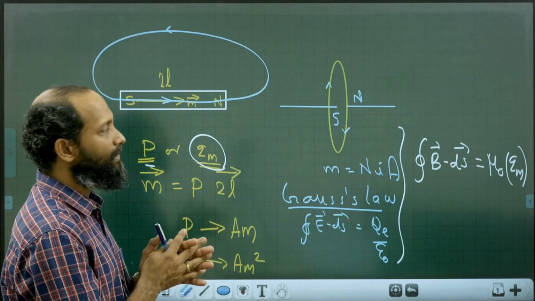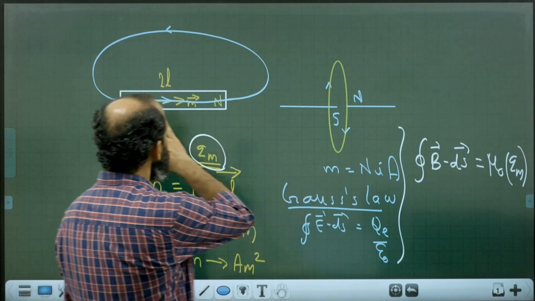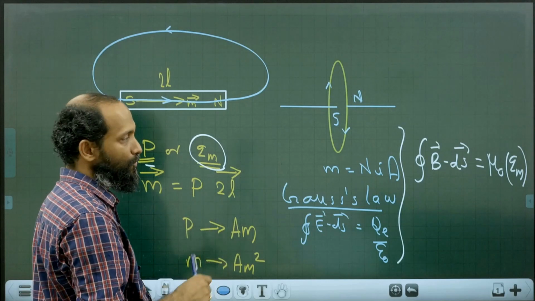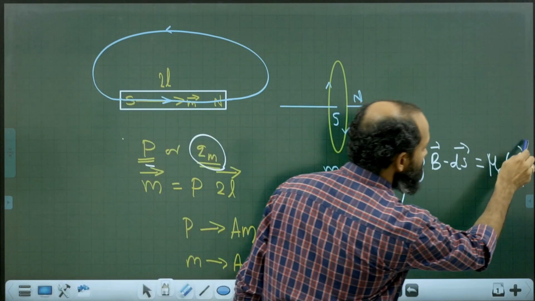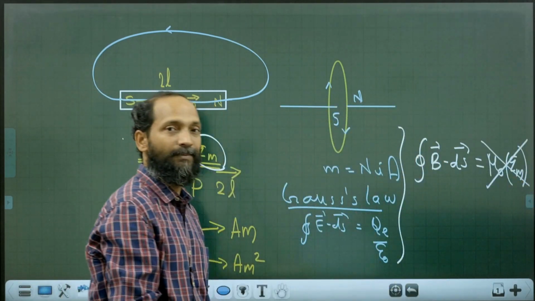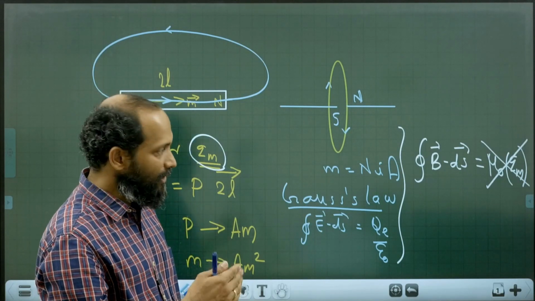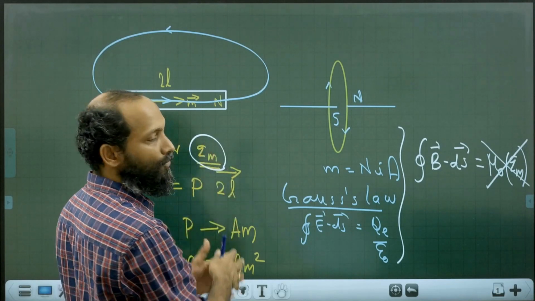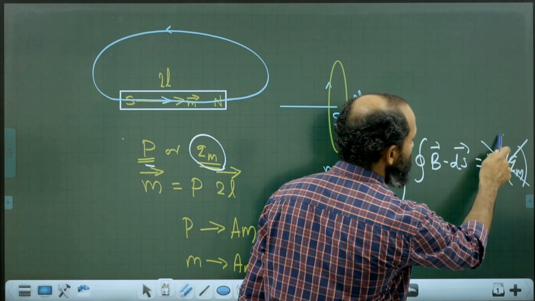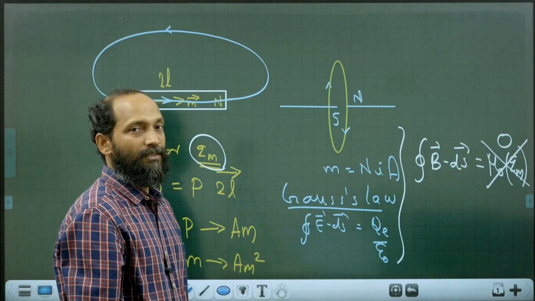But what happens is that in magnetism there are no monopoles. That is why the right hand side written should be incorrect. As there is no net pole strength, as there is no net magnetic charge for each magnetic configuration, therefore the right hand side should be 0. What do you mean by that?